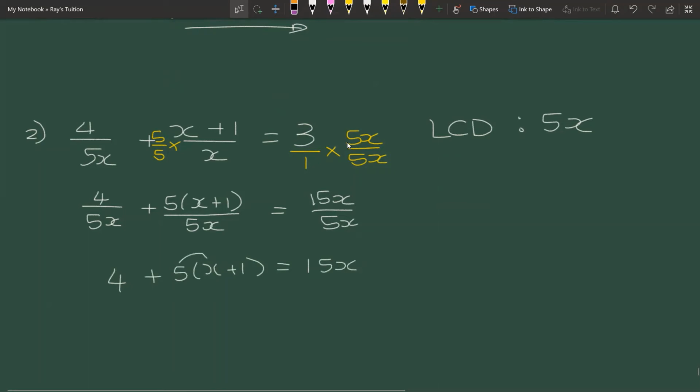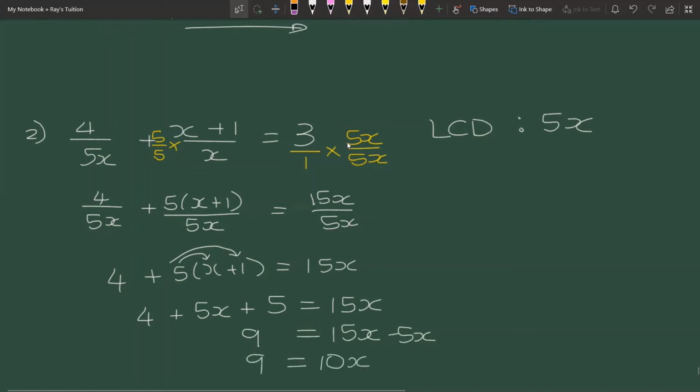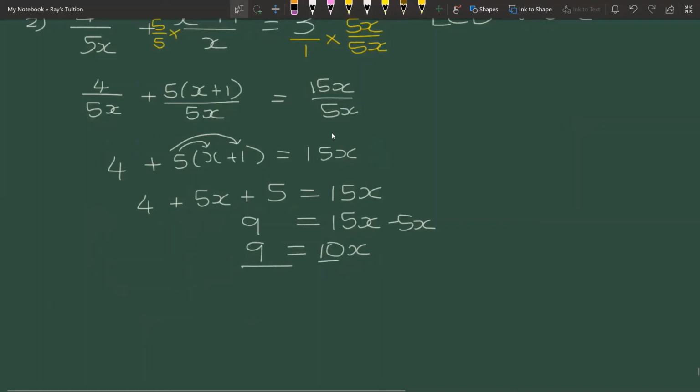And then we can distribute this 5. So we've got 4 plus 5 times x is 5x plus 5 times 1 is 5 is equal to 15x. We can take all of the terms to one side. So this would then be 9 is equal to 15x minus 5x. I took that 5x over. So 9 is equal to 10x. And dividing both sides by 10, we get that x is equal to 9 over 10.